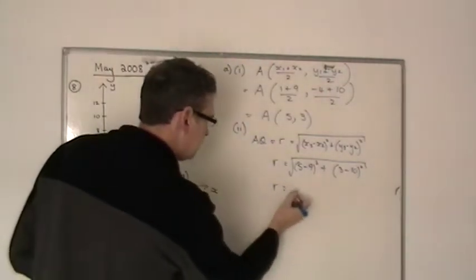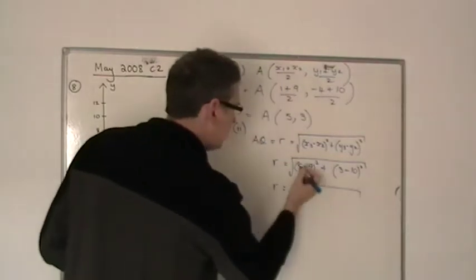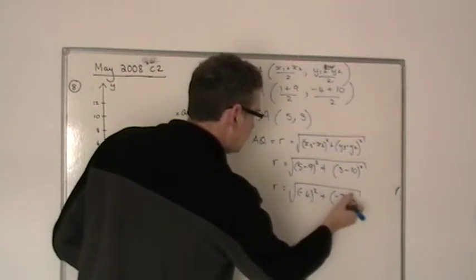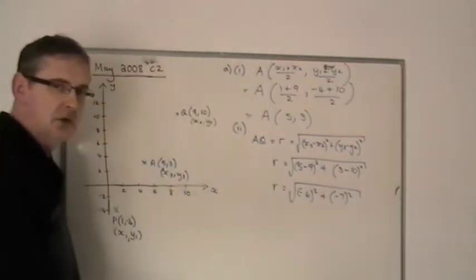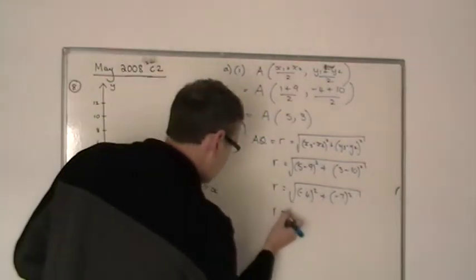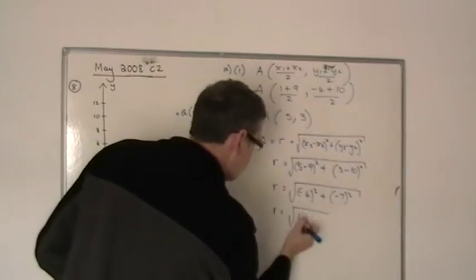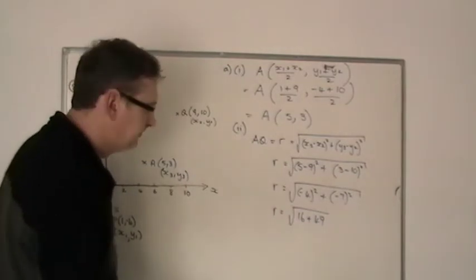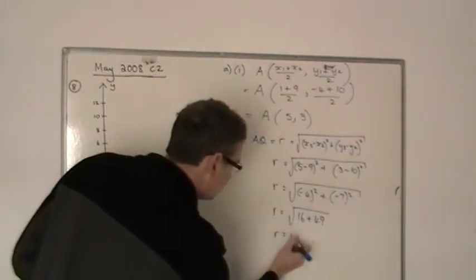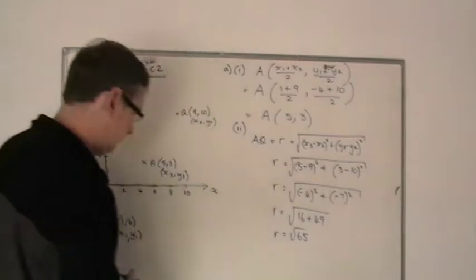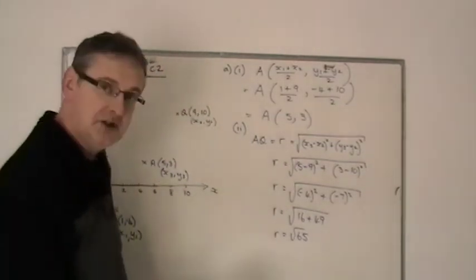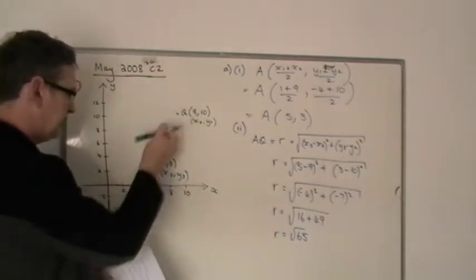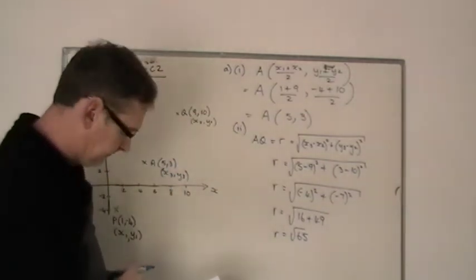So the radius is equal to the square root of negative 4 in the first bracket squared, plus negative 7 in a bracket squared. So you get r is equal to the root of 16 plus 49, they're both positives obviously when you square them. So r turns out to be the root of 65, which is what we needed to show. So that's part 2. So we now know the length of the radius, root 65.